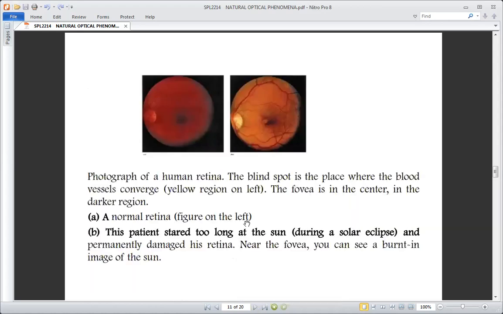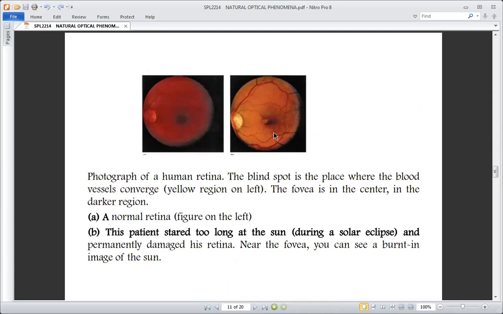So here we are seeing two photographs of the eye. The one on the left side is a normal eye, and the one on the right-hand side is the eye damaged as a result of looking at the sun directly for a long time.